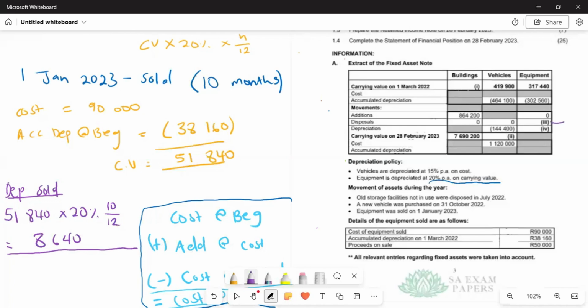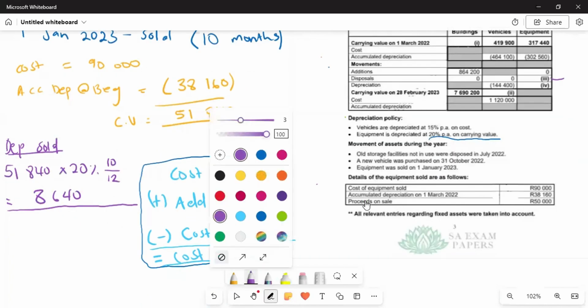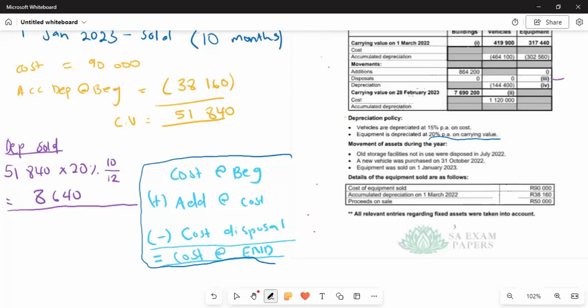This is the amount we need to recognize here. So now let me calculate my carrying value at my time of disposal. My new accumulated depreciation at time of disposal will be the 38,160, which was the accumulated depreciation at the beginning, plus 8,640. My accumulated depreciation at time of disposal would be equal to 46,800.